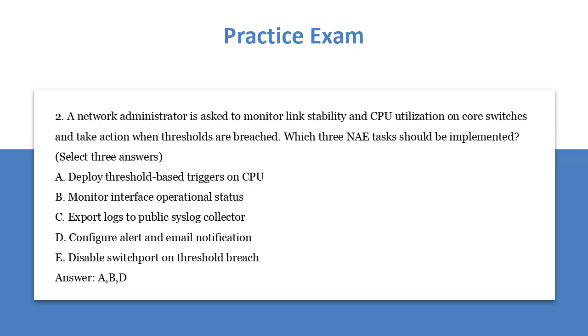2. A network administrator is asked to monitor link stability and CPU utilization on core switches and take action when thresholds are breached. Which three NA tasks should be implemented? Select three answers. A. Deploy threshold-based triggers on CPU.